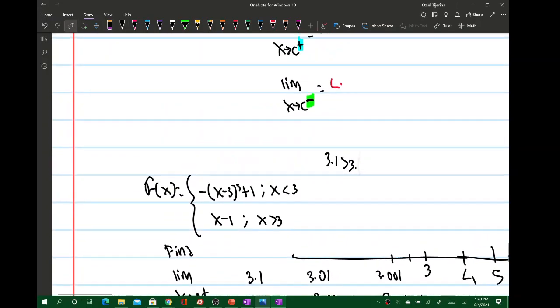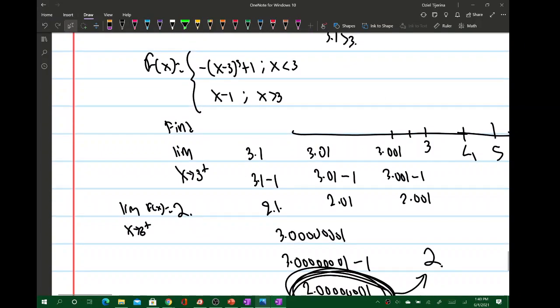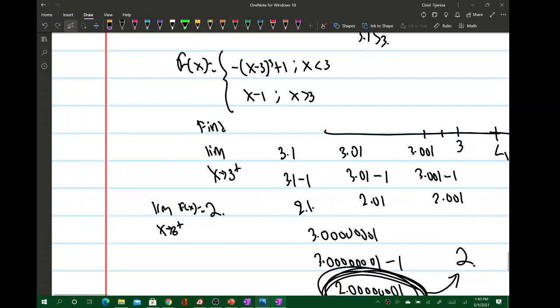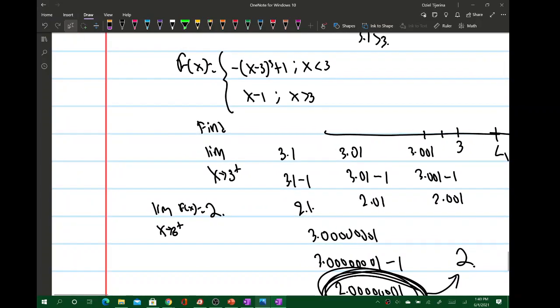And again, like I said, we can do the limit as x approaches 3, but that doesn't always work for every function.